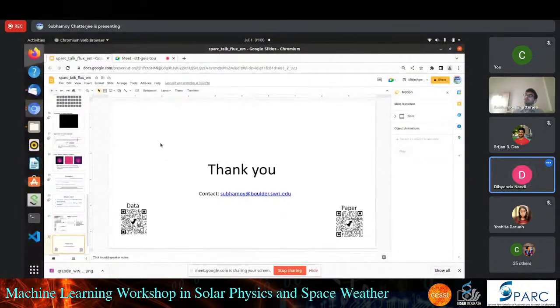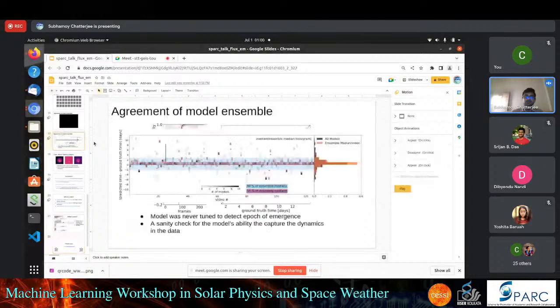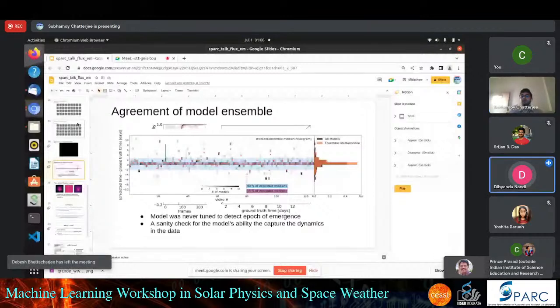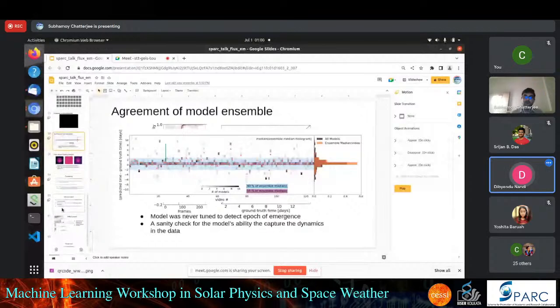We did bring in a timestamp for the repurposing task, because we had to quantify how closely the repurposing matched the ground truth timestamp. So for that, we selected a set of emergences. Using your data, is it possible, let's say, I want to ask you, what is the typical profile of dPhi/dt when a new active region emerges, averaged over all the active region emergences in the history of observations that you have?